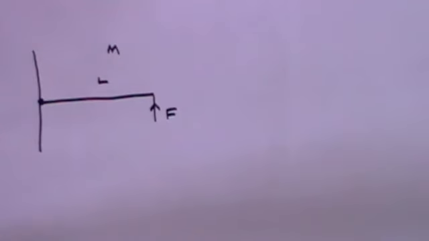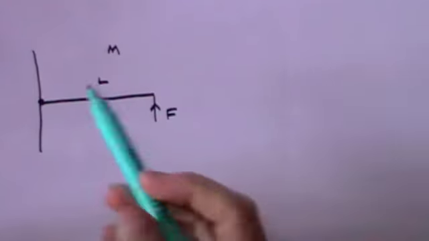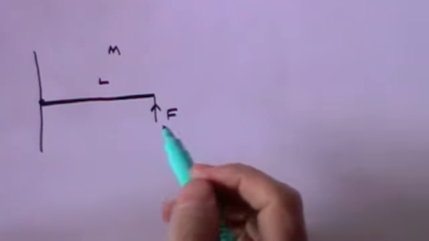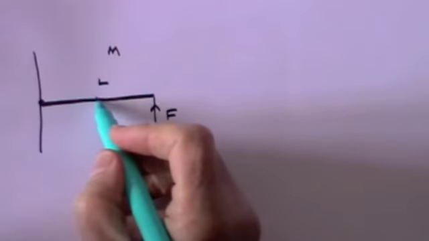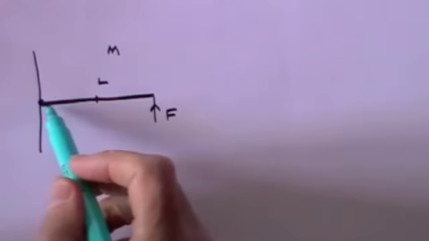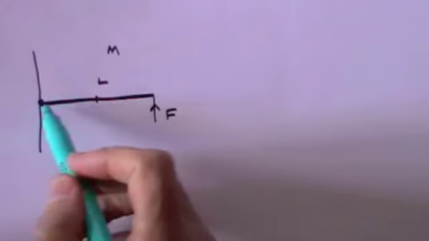Now you'll remember from the first video in this series that we described the centre of mass, and we said that the centre of mass is the point at which all the mass of an object can be thought to act. So if we take this long rod here of mass M, we can say that it can be thought of as acting at the centre of mass, which, if it's a uniform rod, is at the centre.